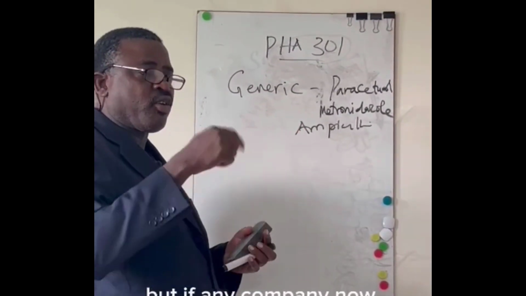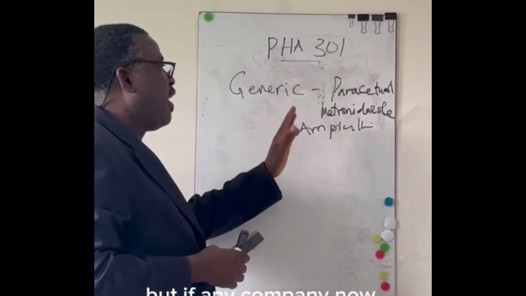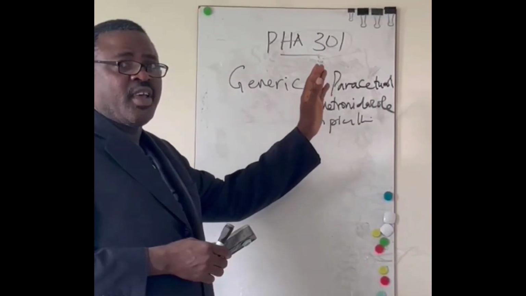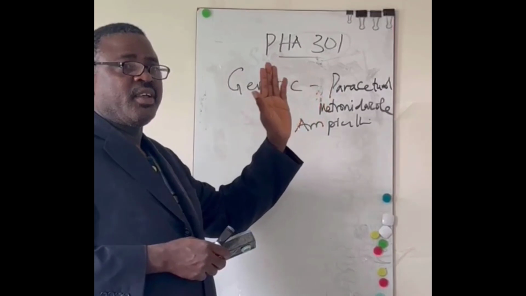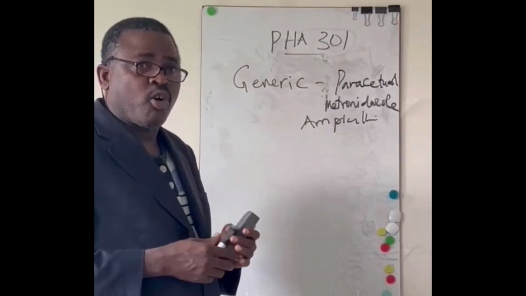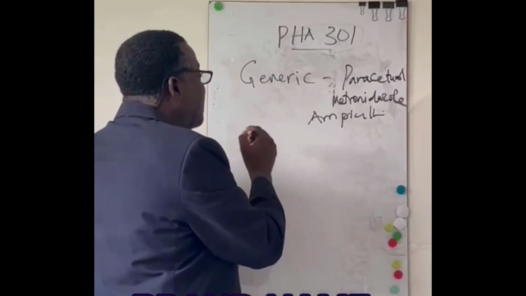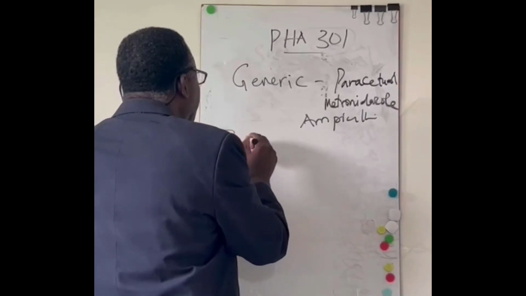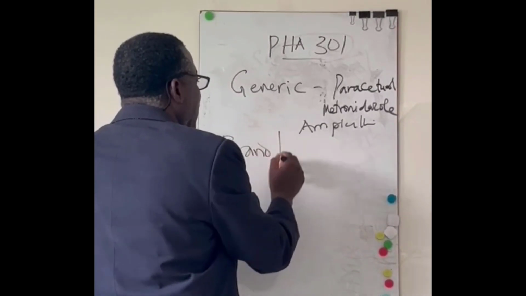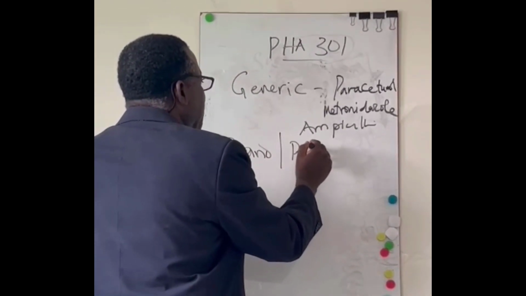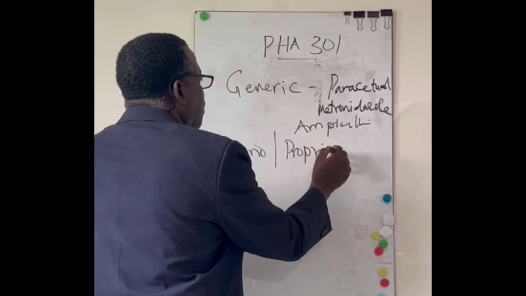But if any company makes any of these drugs and gives it its own name, it becomes what we call a brand name. So brand name is otherwise known as proprietary name.